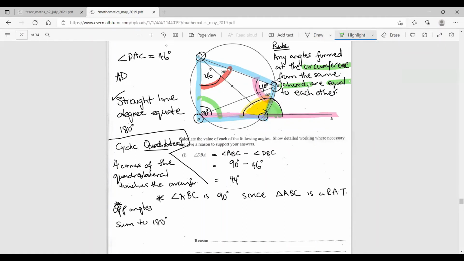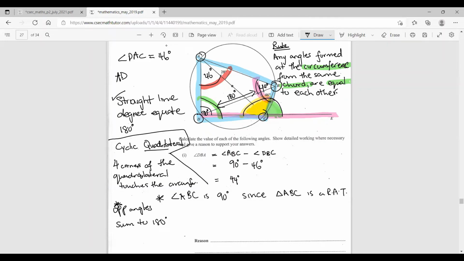So what two colors are opposite each other? Pink and green. Pink and green, correct. Therefore, when you add both of them, you should get 180 degrees. When you add up this entire corner with this entire corner, you get 180 degrees.